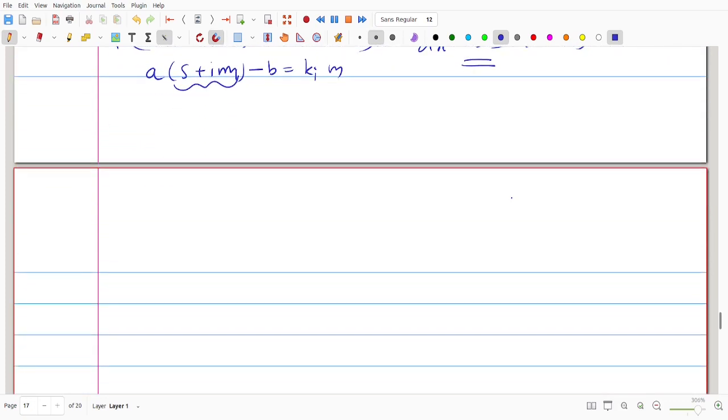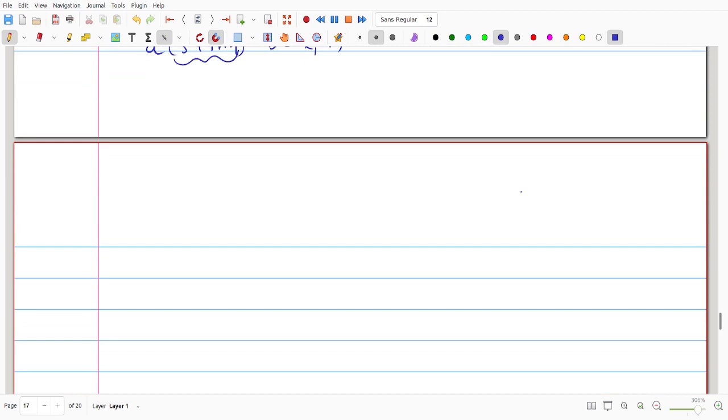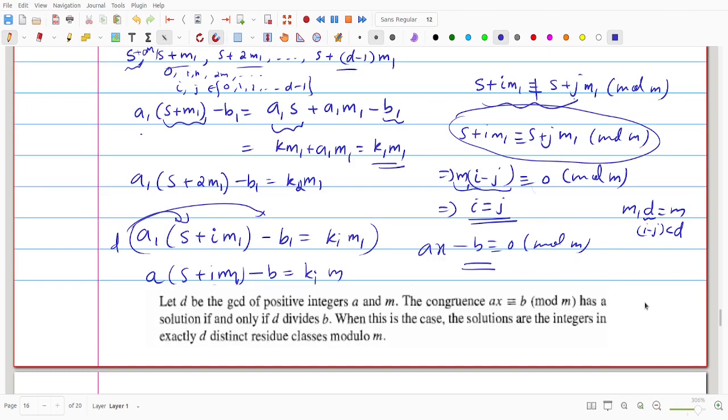As a consequence of this, we can prove corollary 20.13. If d is the GCD of positive integers a and m, then the congruence ax congruent to b mod m has a solution if and only if d divides b.